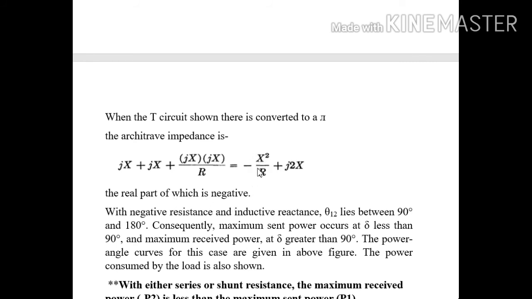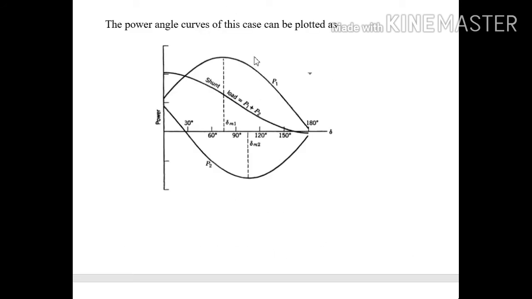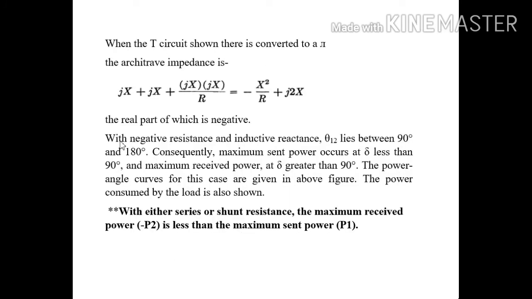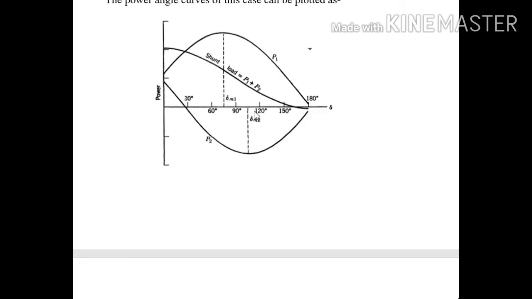Due to this negative real part, we can observe this kind of nature of the power angle curves. So what will be the conclusion? Here, with negative resistance and inductive reactance, theta 12 lies between 90 degrees and 180 degrees. Consequently, the maximum sent power occurs at delta less than 90 degrees and the maximum received power at delta greater than 90 degrees. The power angle curves for this case are given in the above figure. The power consumed by the load is also shown, right?